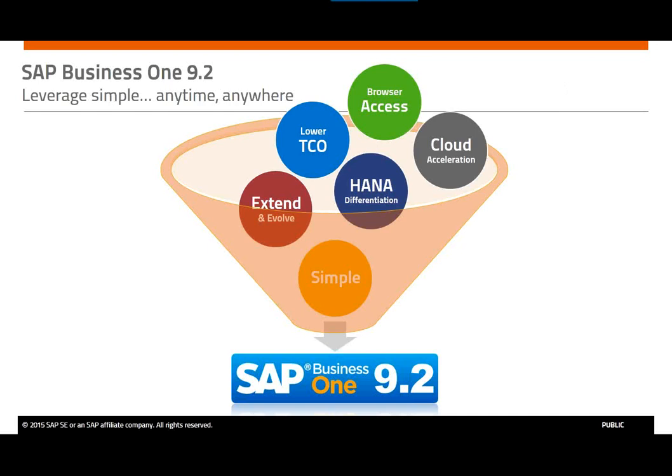We're going to talk about some of those things today as well. Also continuing to extend and evolve the solution. So not only adding new functionality, but taking the existing functionality, listening to what customers told them and told us as your partner about the functionality, and making the enhancements that were requested.